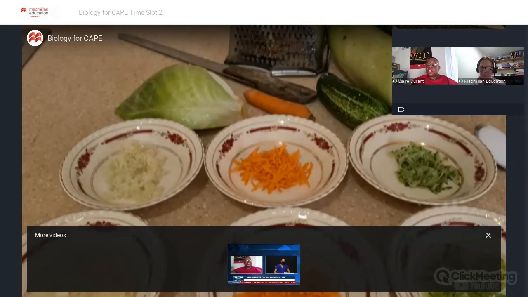So yes, the book covers all of the topics in sufficient detail. The topics in unit 1 and unit 2 are included, and it is a recommended text by CXC.